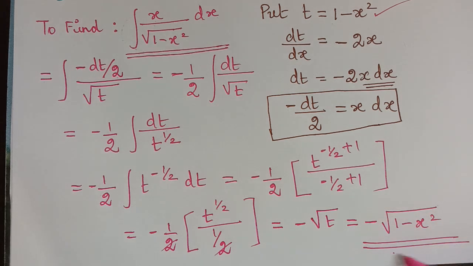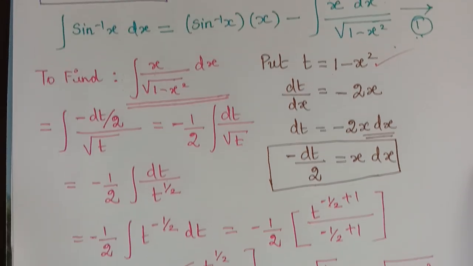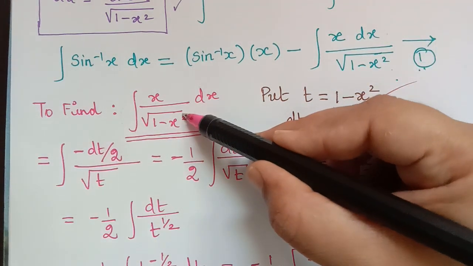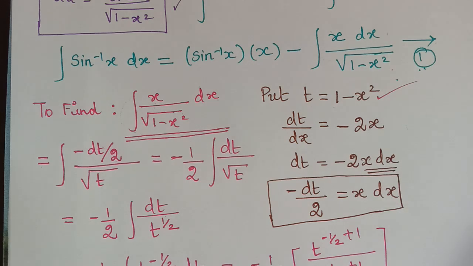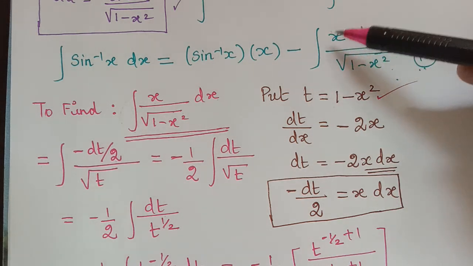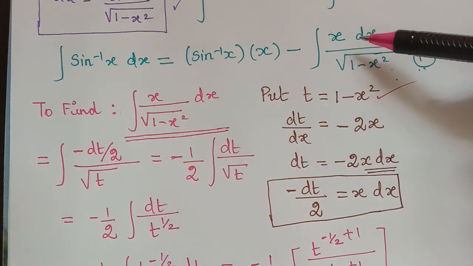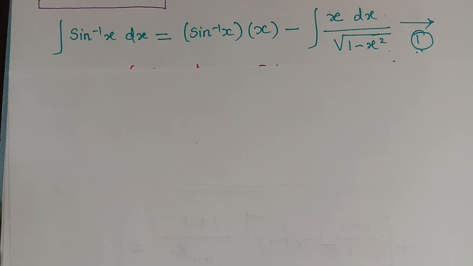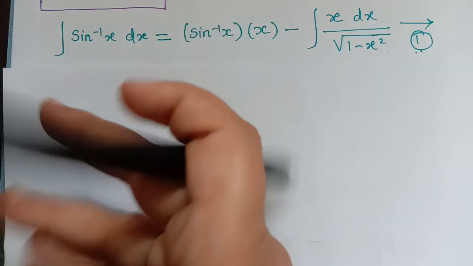Now let us take this and substitute here in this equation 1, because this is what we evaluated here, right? So at this place we have to substitute minus square root of 1 minus x squared in this equation 1. So let us see that now. So now let us substitute. Okay, so let me do it here.